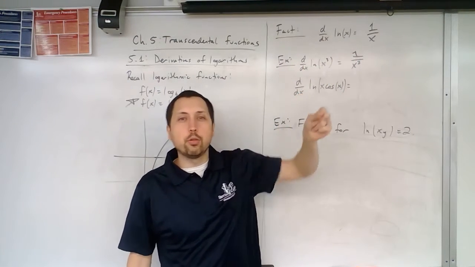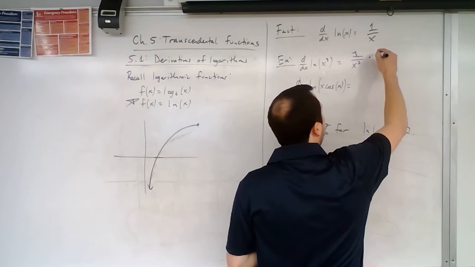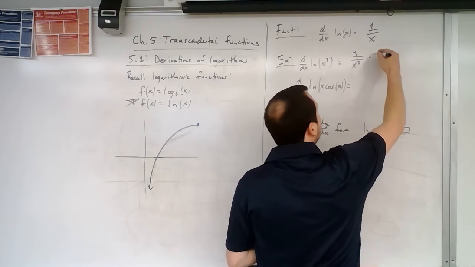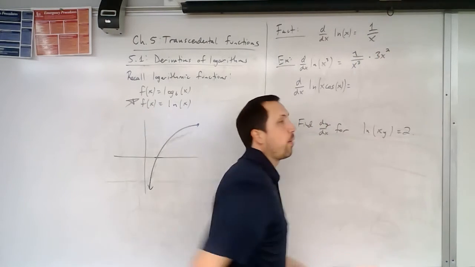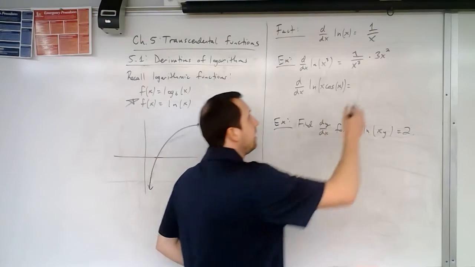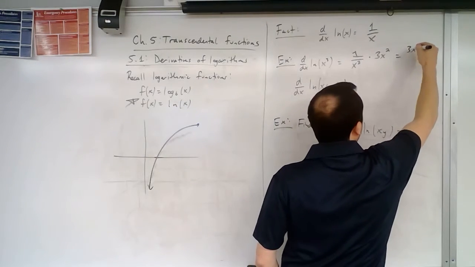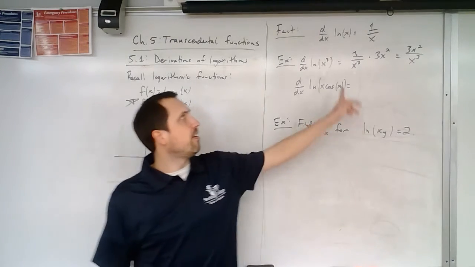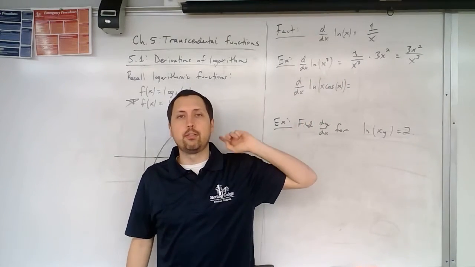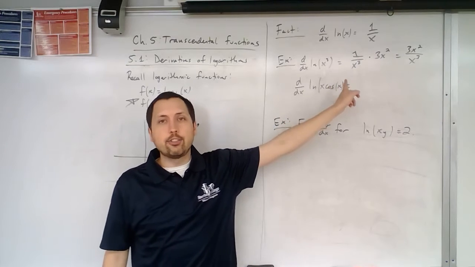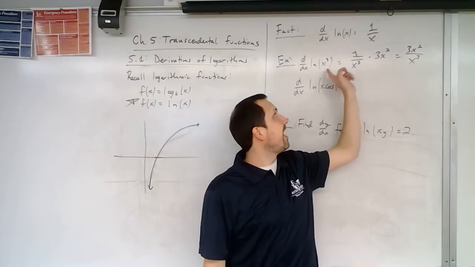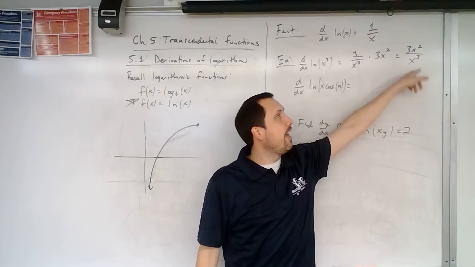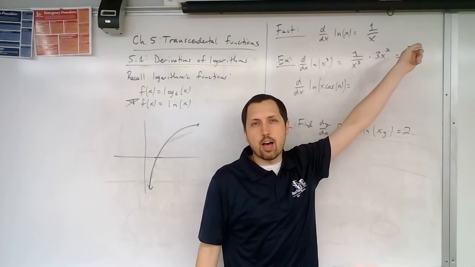But then the chain rule says I have to multiply by the derivative of that inside, which is 3x squared. So rewritten, this is going to be 3x squared over x cubed. Notice, for any logarithmic function, the inside goes to the bottom, and the derivative is going to appear on top.